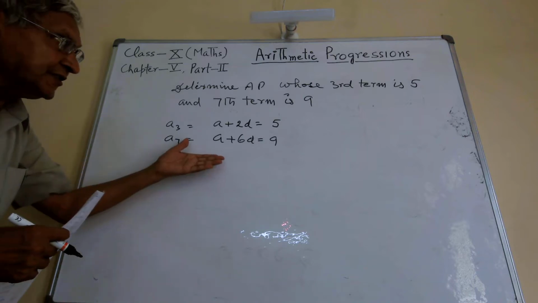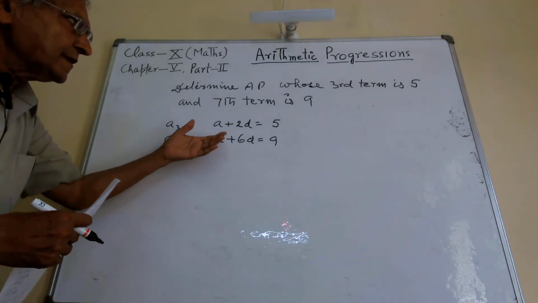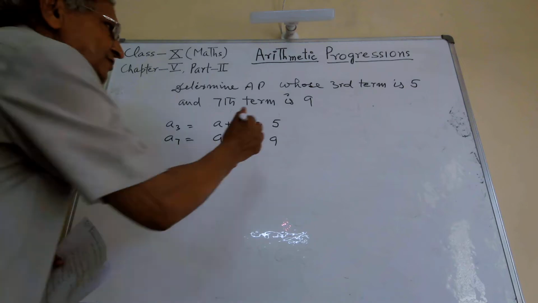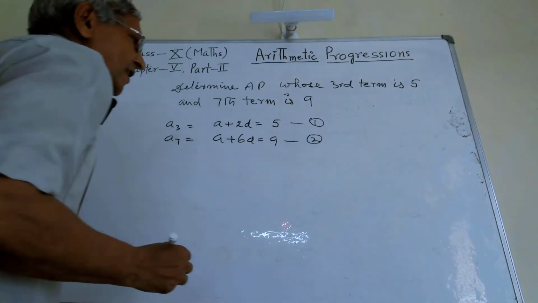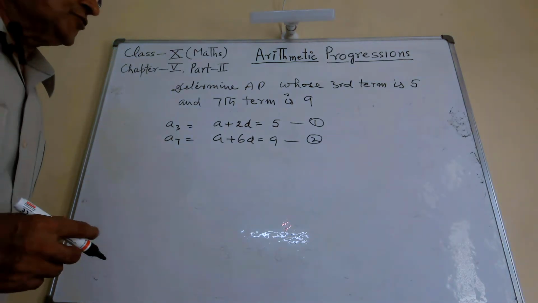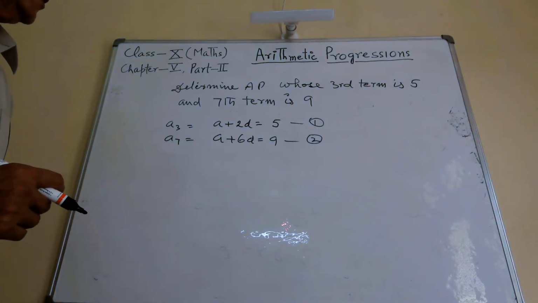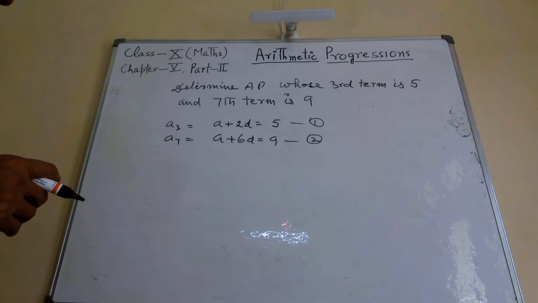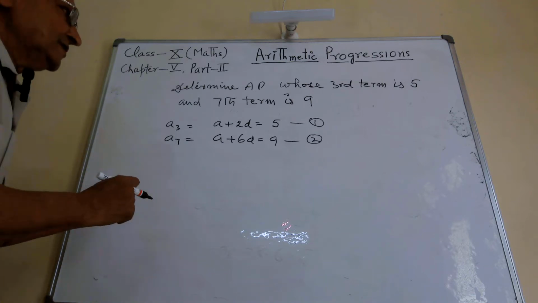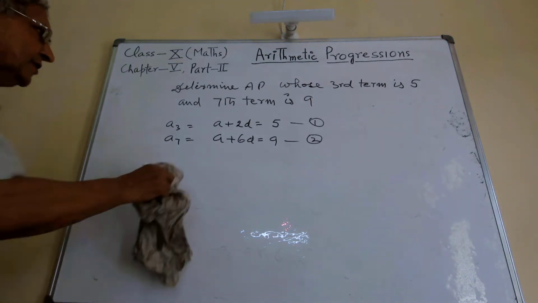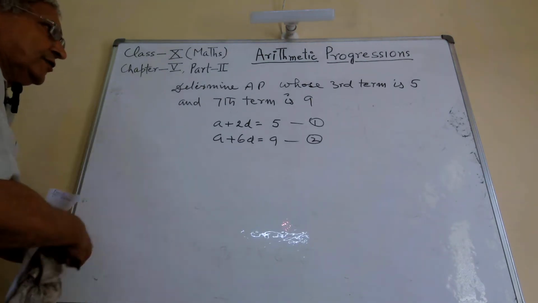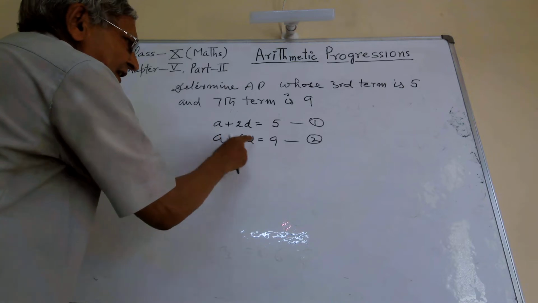So this is the first equation and this is the second equation. We have learned the solution of these equations earlier in different classes. We have to find out a and d.